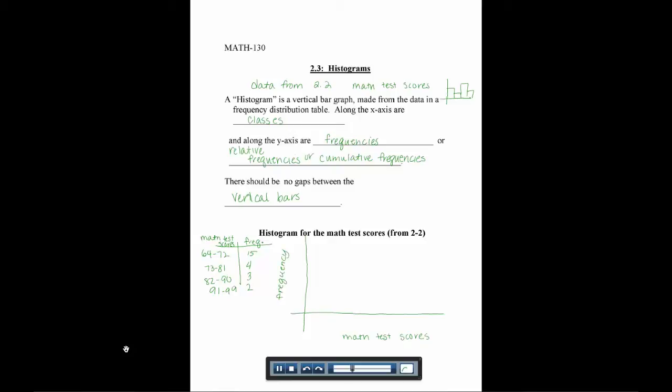We always want to start at 0, and then here we can go by tens. And then for our frequencies, let's go by 2s.